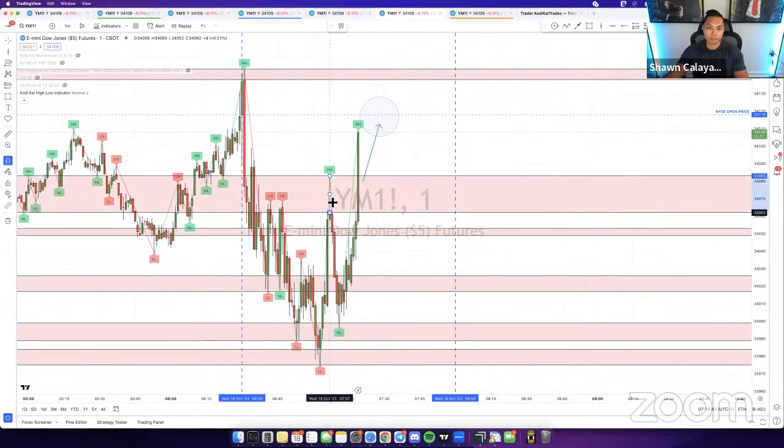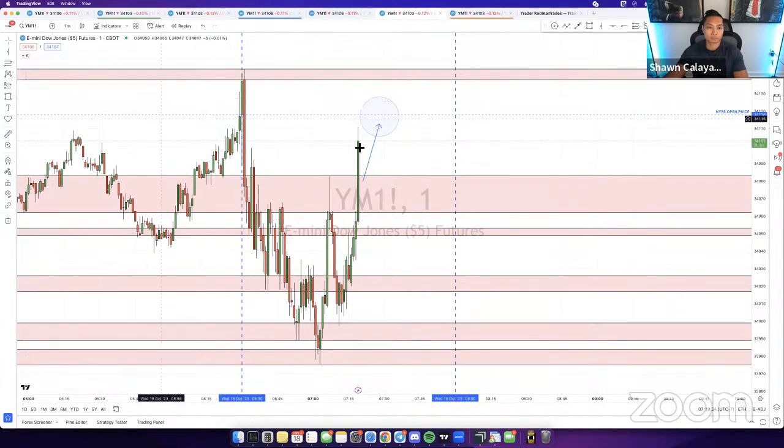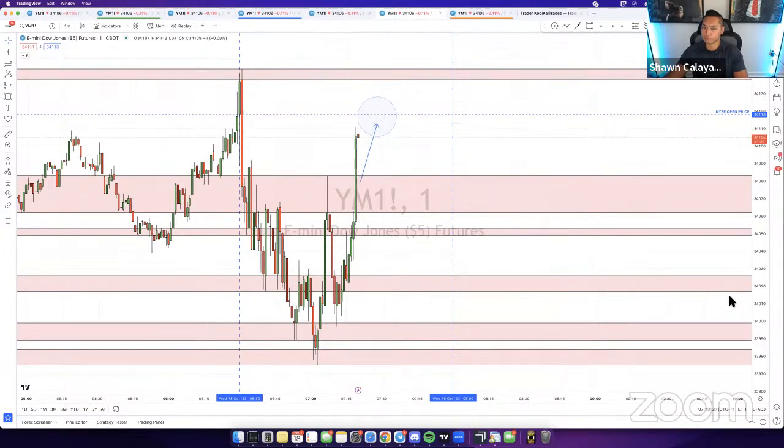But there is a lot of structure here to be careful for. All right, so we'll see what happens when price gets near the opening price right here.